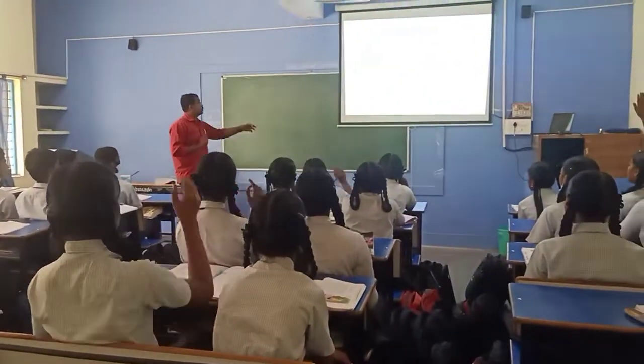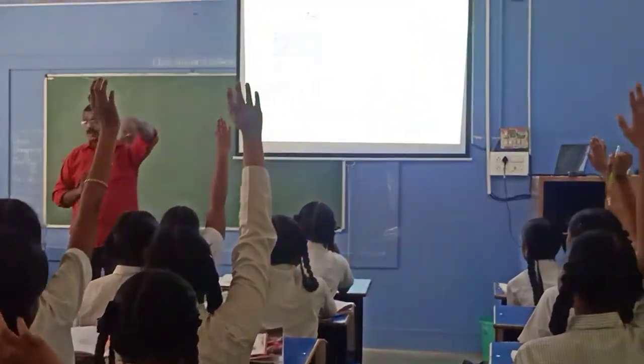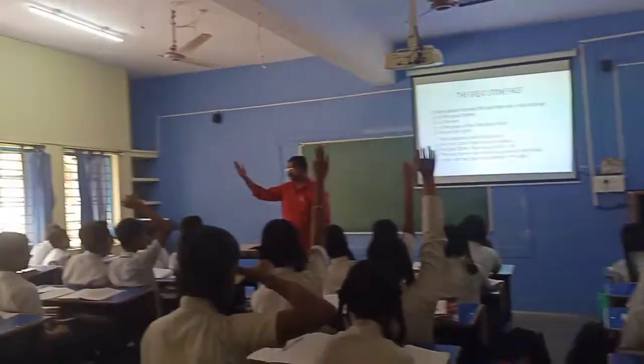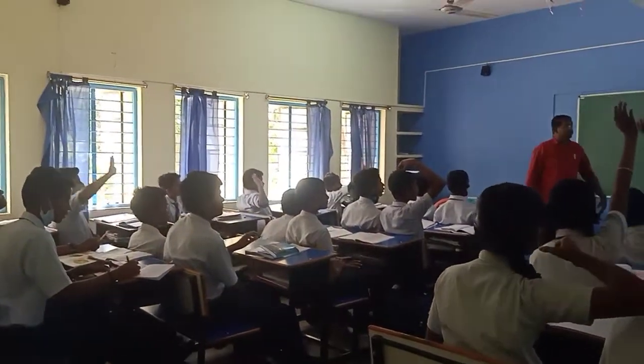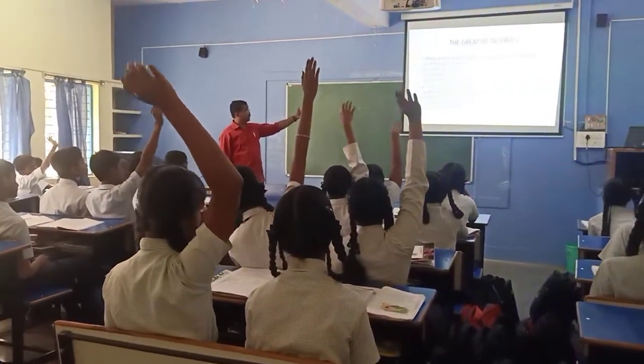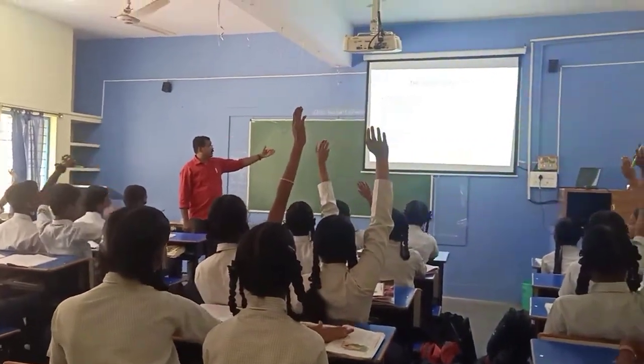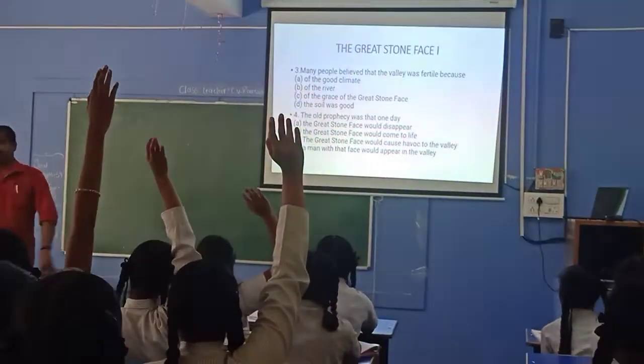So now, the next one. The prophecy was that one day, what would happen? The four options are: the grey stone face would disappear, the grey stone face would come to life, the grey stone face would speak out to the valley, a man with that face would appear in the valley.